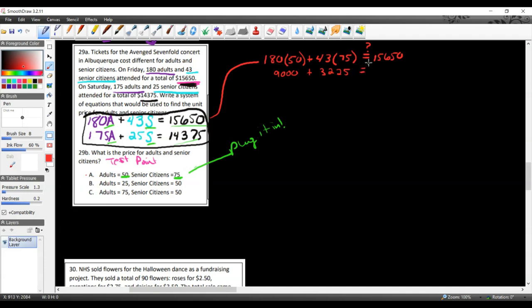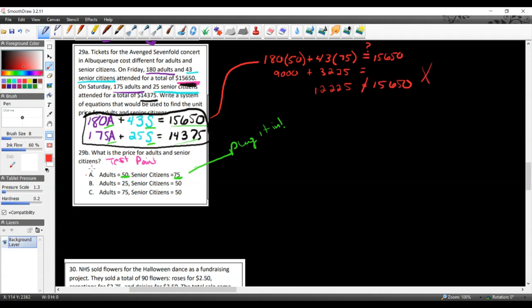So if we add those two things, 9,000, I am using a calculator right now, and 3225, we get 12,225. So as you can see, this one is not equal. So this is an X.